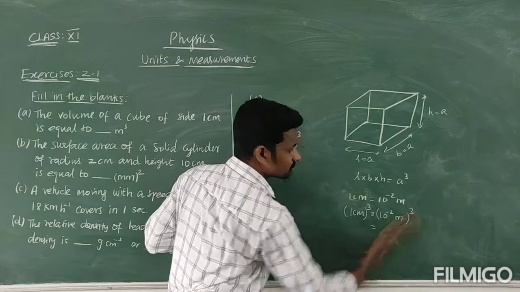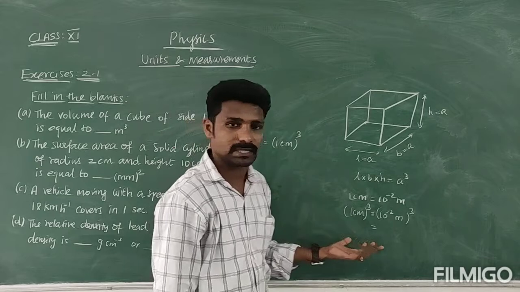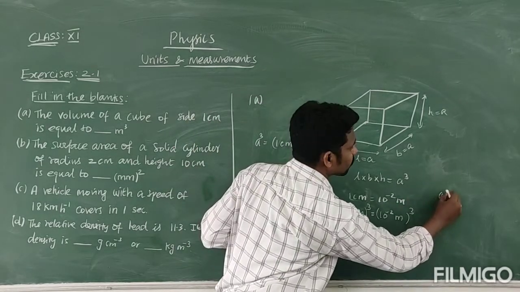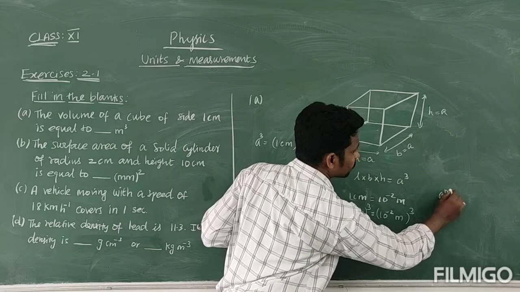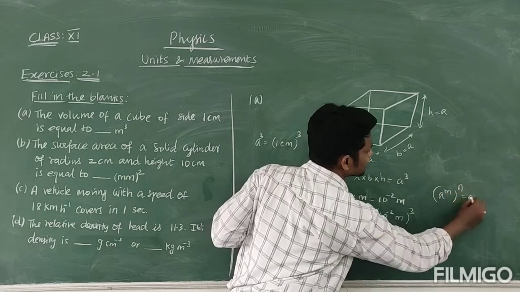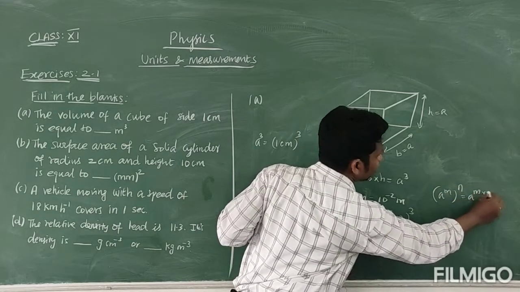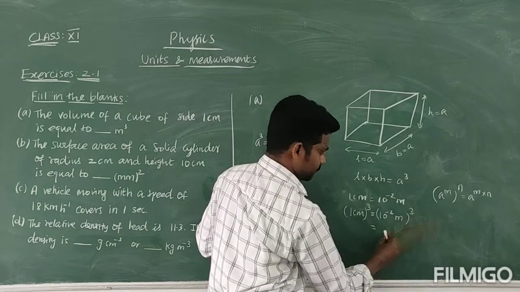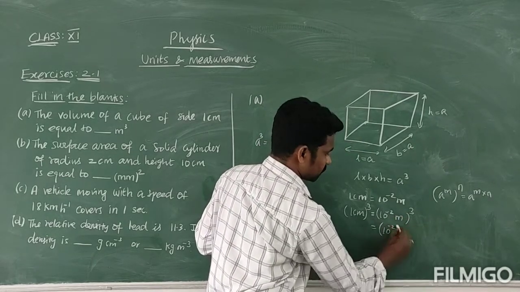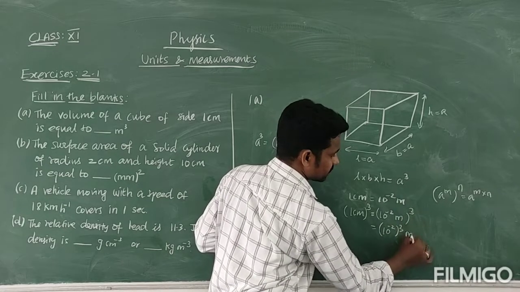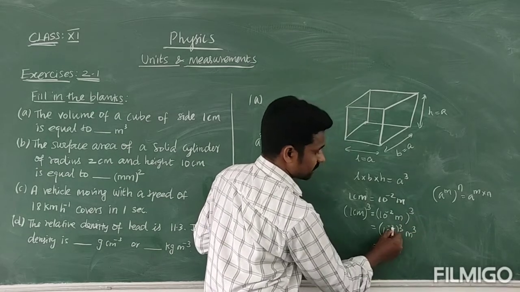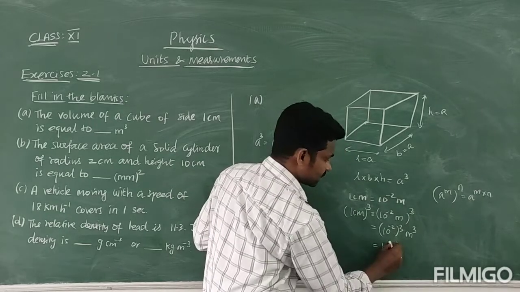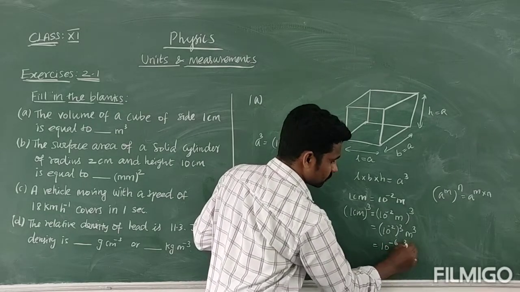So 10 power minus 2 whole power 3 is 10 power minus 2 into 3, that is 10 power minus 6 meter cube.